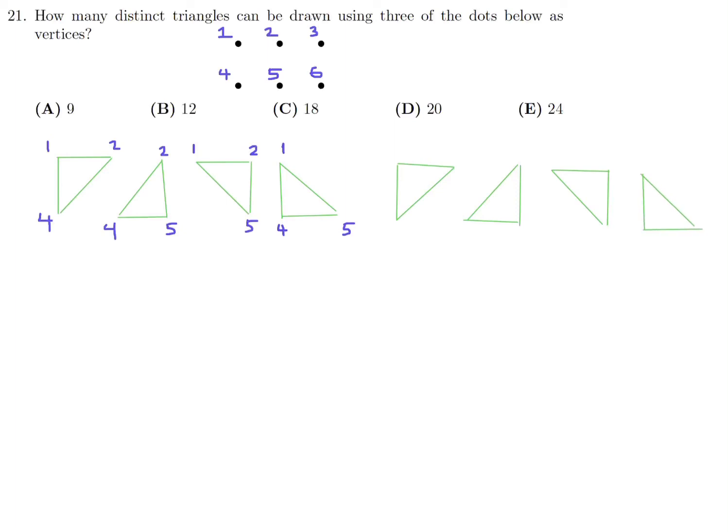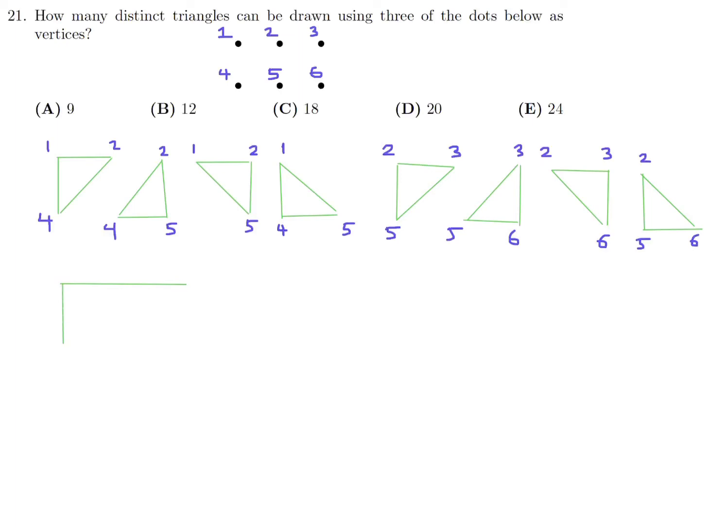I used 2, 3, and 5. I used 3, 5, and 6. 2, 3, and 6, and then finally 2, 5, and 6, correct? So I got 8 so far. 8's not one of the answers, so obviously I have to make more.